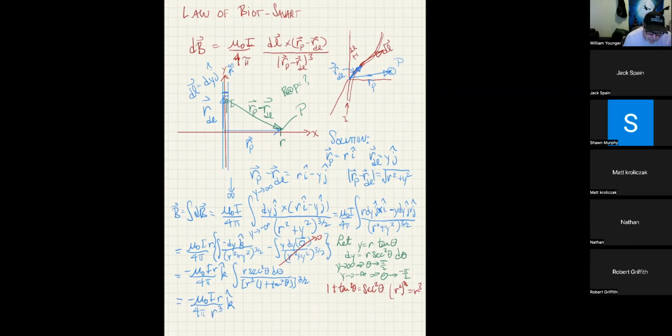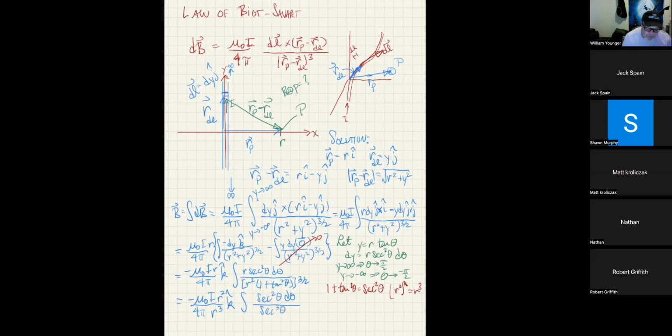And not only that, there's another r from the secant squared, so that should actually be r squared on top. So now I have the integral of secant squared theta d theta over, as you said, 1 plus tangent squared is secant squared, and secant squared to the 3/2 power is secant cubed.